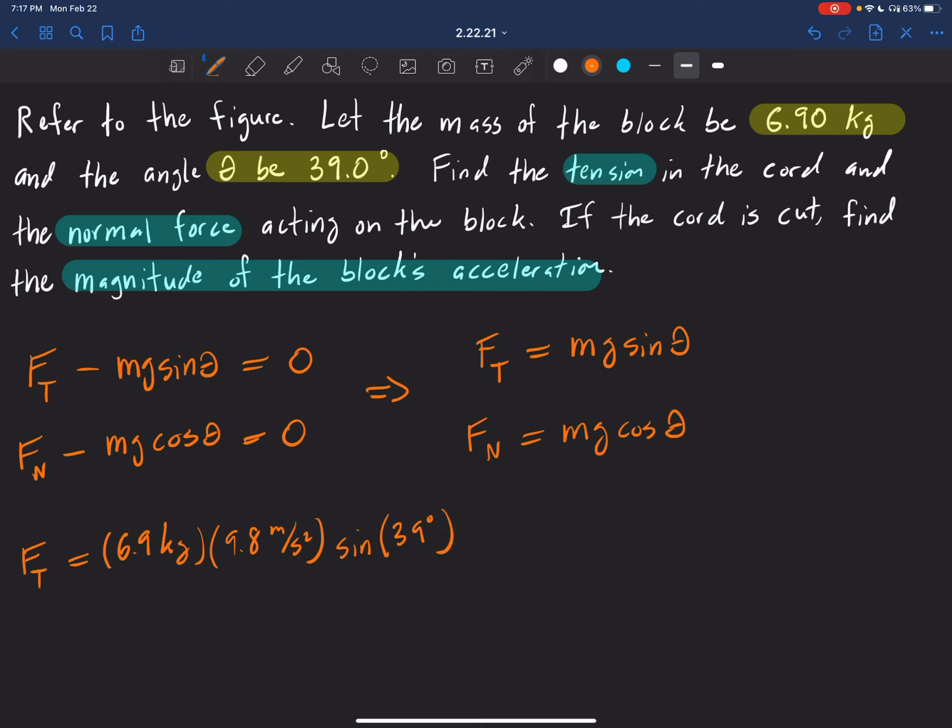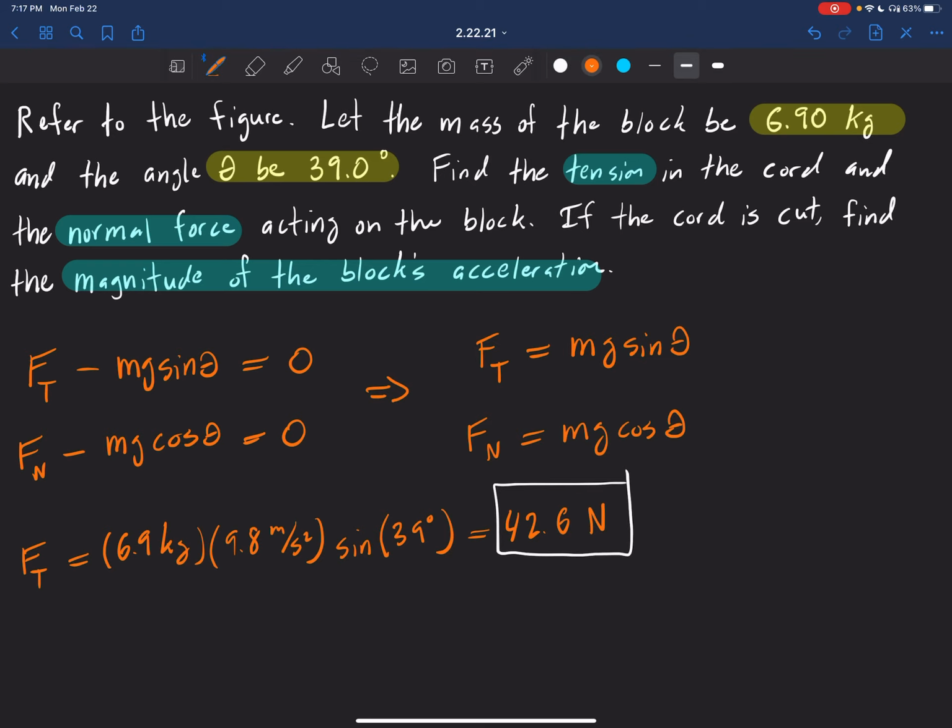That's going to give us a tension force of 42.6 newtons. So right there is our first answer.